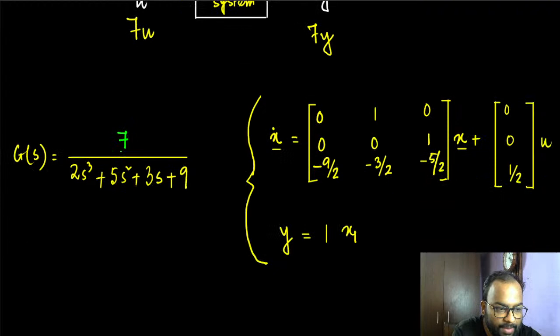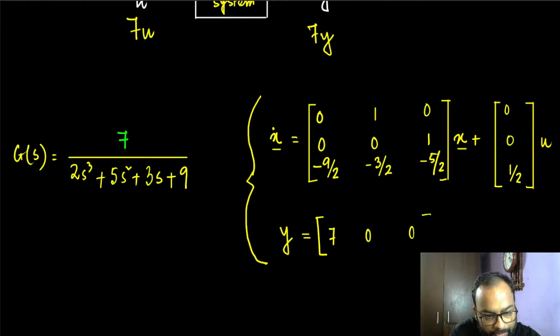And thus we can now reconstruct the matrix C here. So there's going to be 7, 0, 0, times the x vector, which is x1, x2, x3. That is also one representation, and this is the representation we would rather follow.